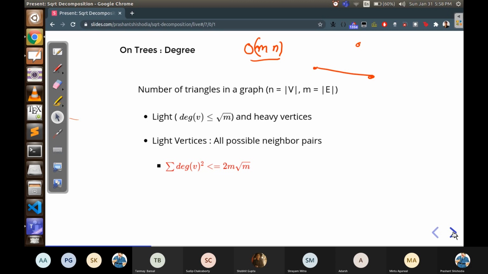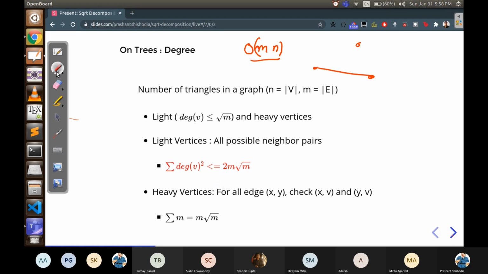If the vertex is light, that is, if its degree is less than root m, I call that vertex light. Otherwise, I call that vertex heavy, if it has a lot of neighbors.